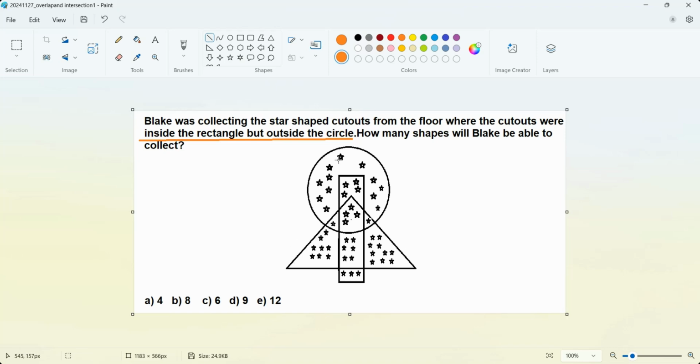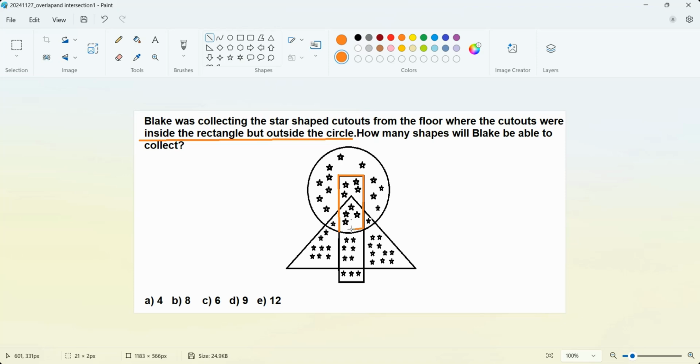So now let's understand what is the intersecting part. So this is the circle and this is the rectangle. So where is the intersection between the circle and the rectangle? You can see if I highlight using this color, this is the part which is common, which is inside the circle as well as inside the rectangle.